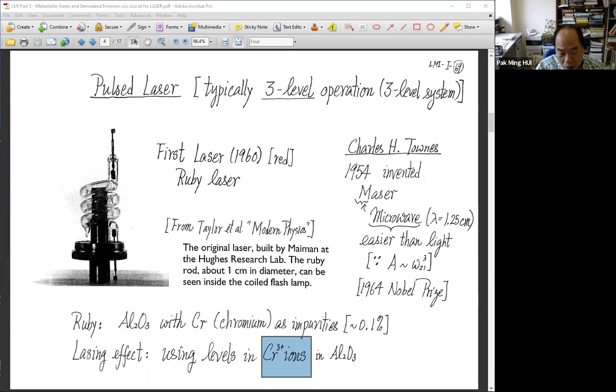So, and also these ions live in a solid, in this Al2O3, okay, this ruby. And it is this chromium ion giving the ruby the beautiful color due to optical transition. So the really important levels come from chromium ion.